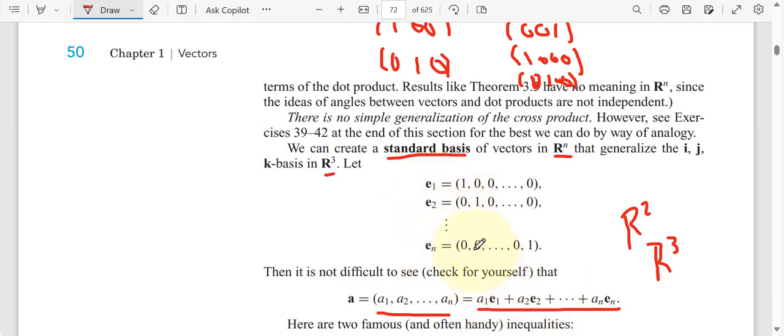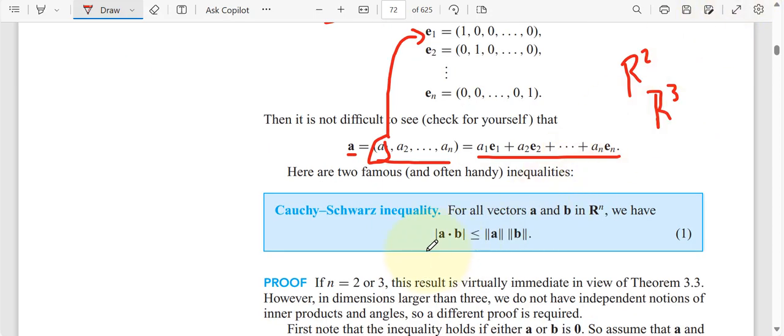Now we can do it in terms of e1, e2, and so on. All you're doing is this times this gives you A1, 0, 0, 0, 0. And then A2 times this gives you 0, A2, 0, 0. And that's what we're doing. So you can split this up in terms of these standard basis vectors. You can write it like this.